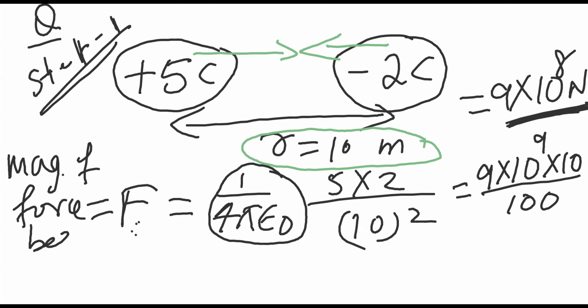Then the answer is 9 into 10 to the power 8. If it is 10 centimeter, then the answer is not correct. Why? Because 10 centimeter becomes 10 to the power minus 2 meter, so the square becomes 10 to the power minus 4. So this force will reduce. Remember that.